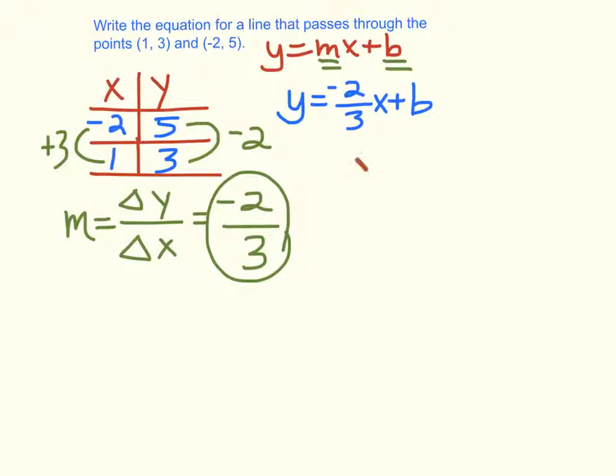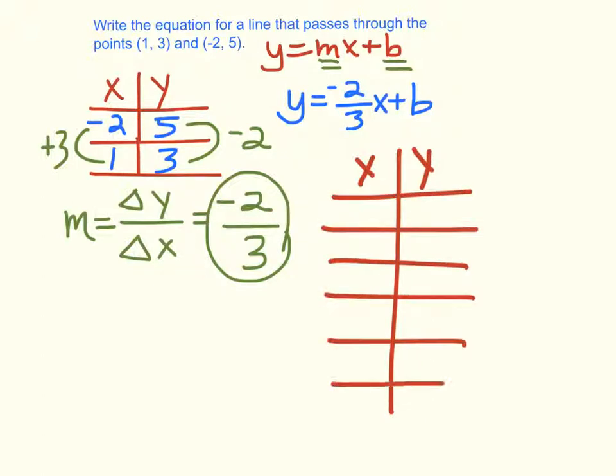So I'm going to make another xy table, a little bit bigger, and I'm going to make some rows. I'm going to start with the coordinate pair we started with, which was (-2, 5). And then I'm going to work my way down in the table, increasing my x values just by 1.